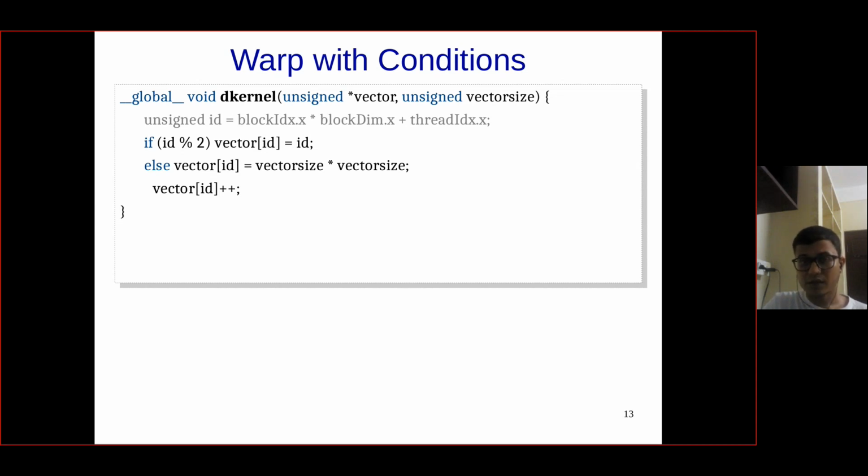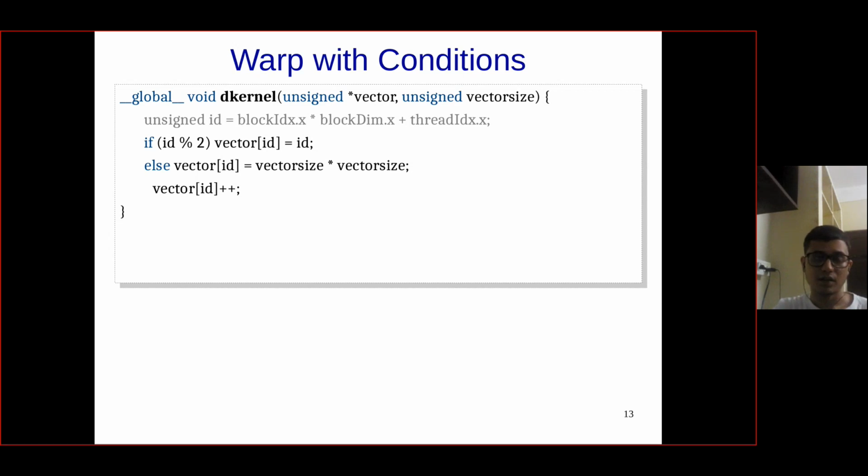We first compute the ID for each thread, and the ID will go from 0 to 31 since there are 32 threads. For each ID, we check if the ID is odd. If the ID is odd, we execute this statement, and else if the ID is even, we execute this statement, and then we do some operation.